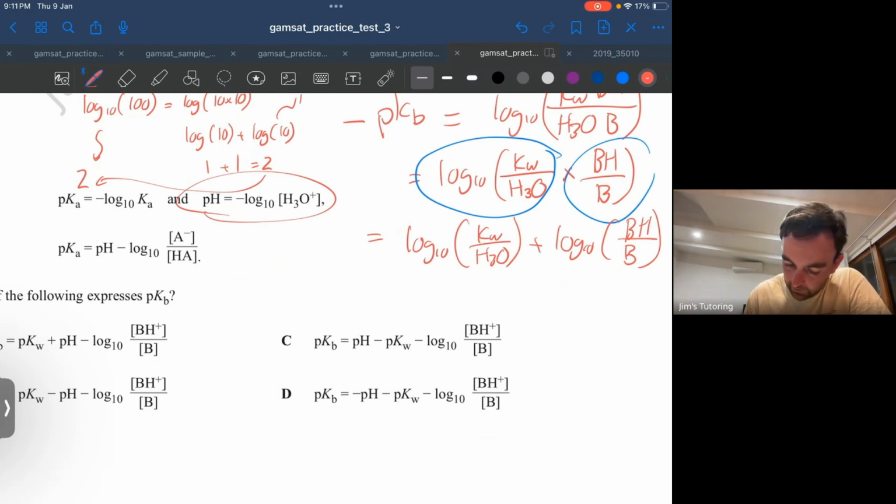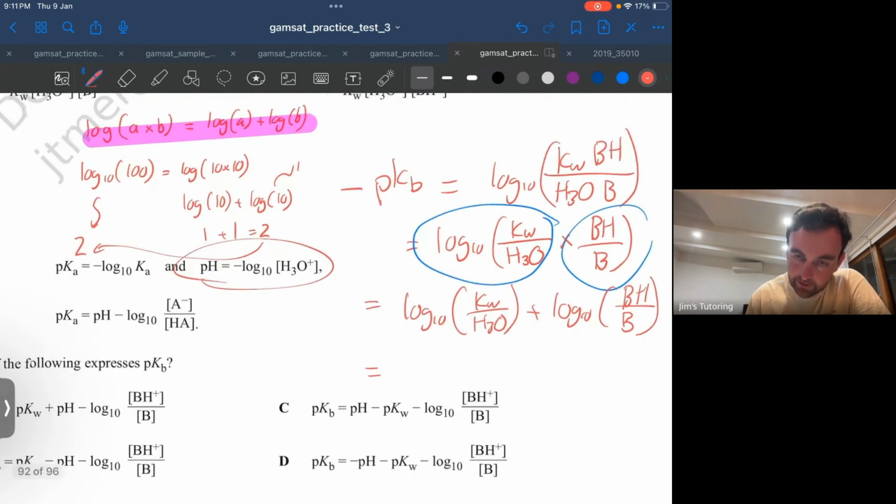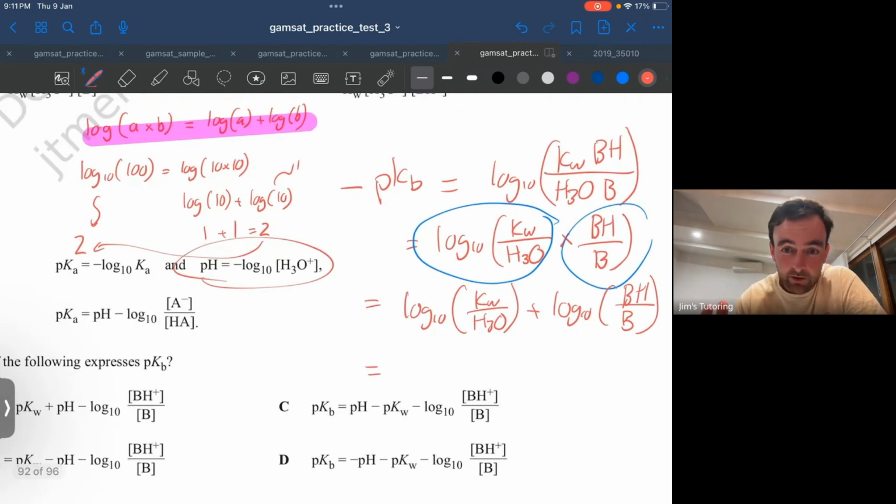Well, I know that I can separate that if I have them as two separate products. So again, it's just about what do I want? What's my optimal configuration of these numbers? So log 10 of KW over 1 times 1 over H3O.